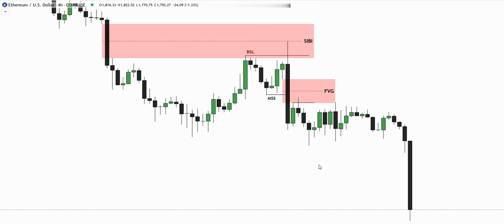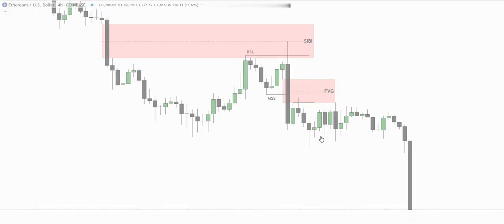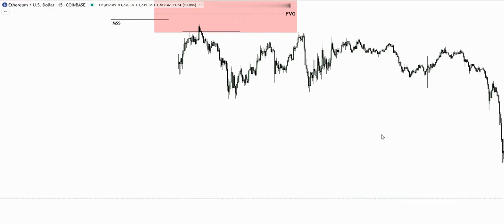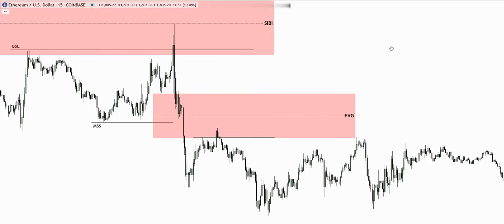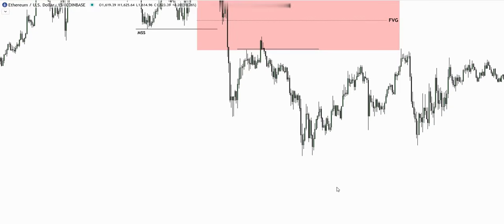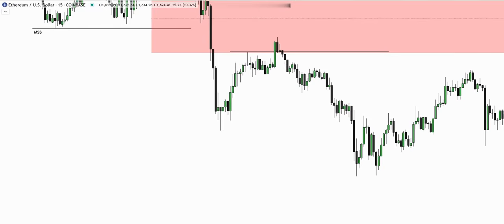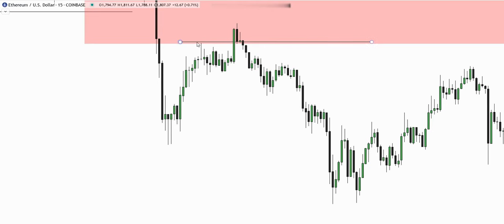Review, we can refine this one lower to 15 minutes. So I want you to consider only this price action here. Now that we know we are likely to move lower, check out this.